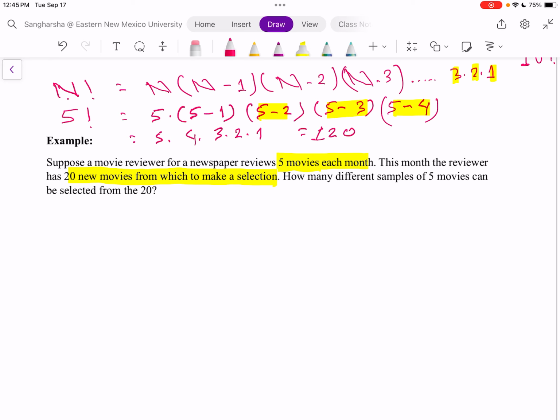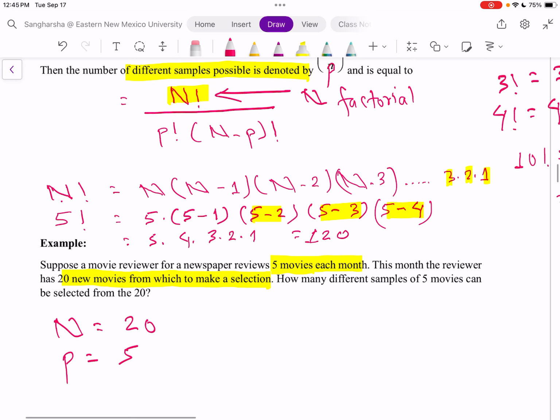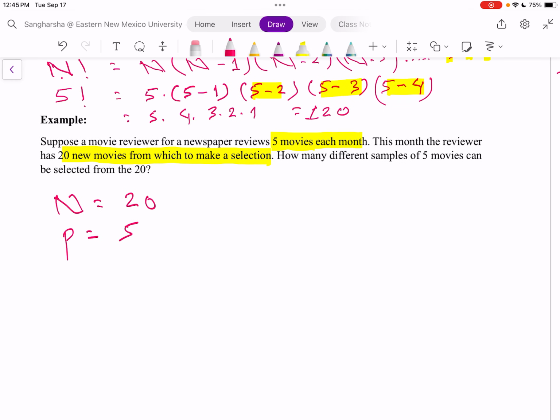Now, what is our n here? 20. What is our p? 5. Now you substitute these numbers in our formula. We have 20 total movies, and we are selecting 5.